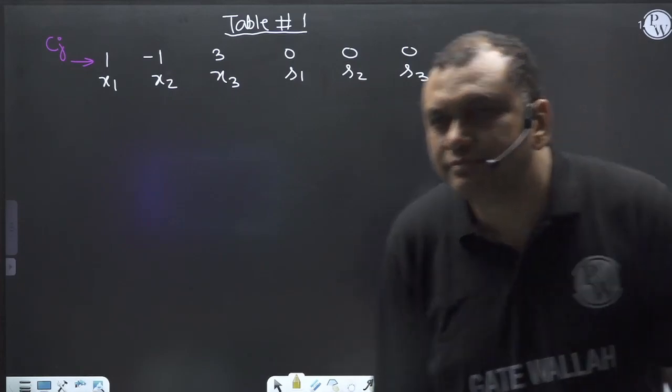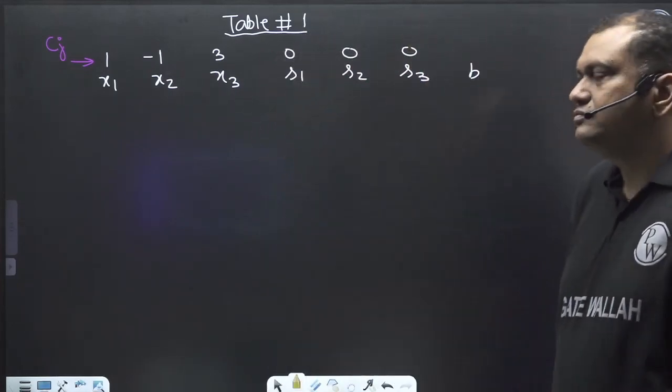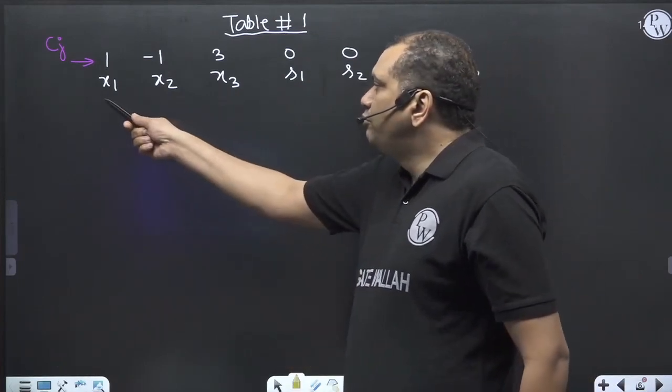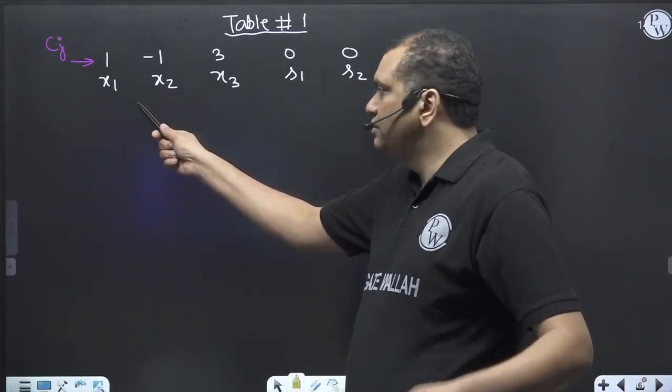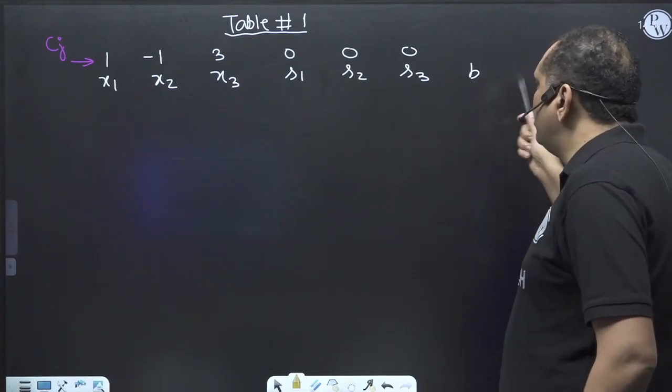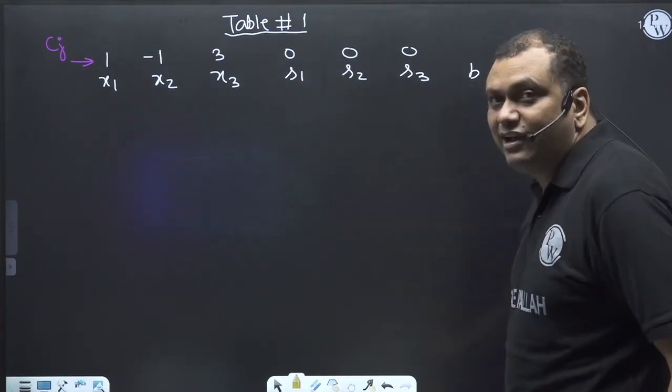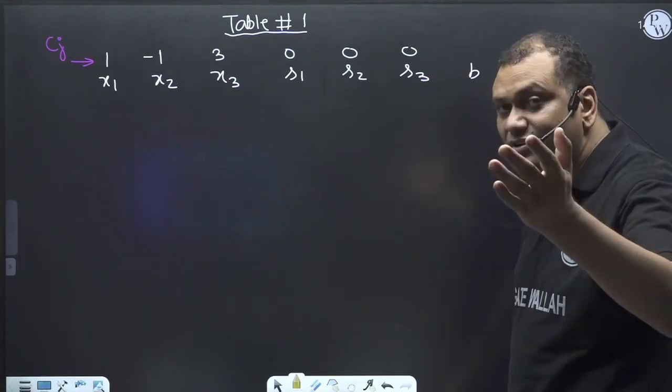Now, the first line will be the coefficients of the first constraint. The second line will be the coefficients of the second constraint, and so on.